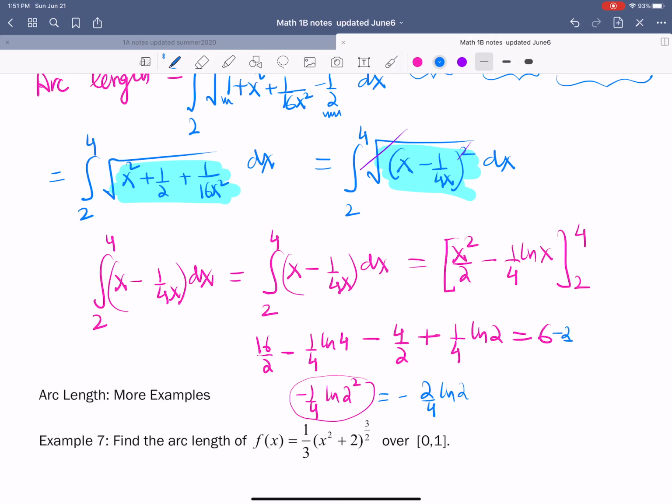So we have negative 2/4 natural log of 2 plus 1/4 natural log of 2, so that we can combine the like terms. It turns out to be 6 minus 1/4 natural log of 2. Okay, so this piece is what I had written. That would be our final answer, the length of the curve.